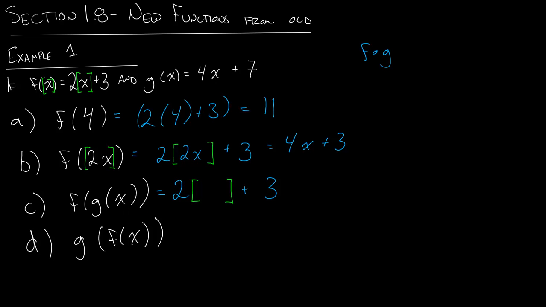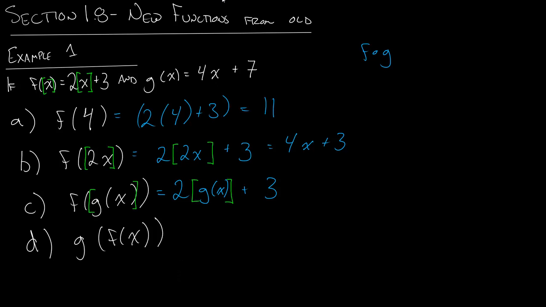Now to figure out what my input is, I do the same thing I did before in part B: I draw square brackets around my input and see that I should be replacing what's in the square brackets with g of x every time. So for now, we could just start by writing g of x.